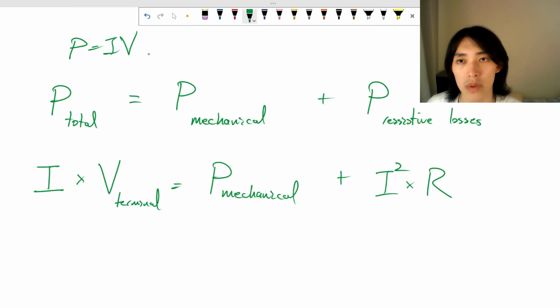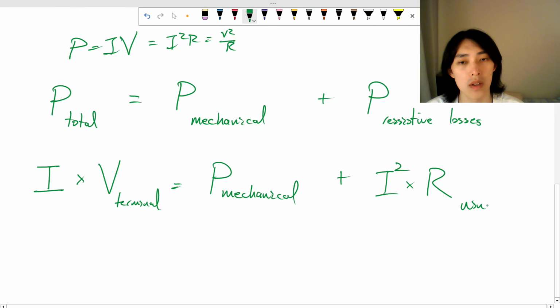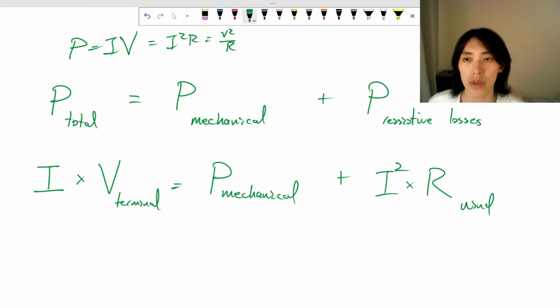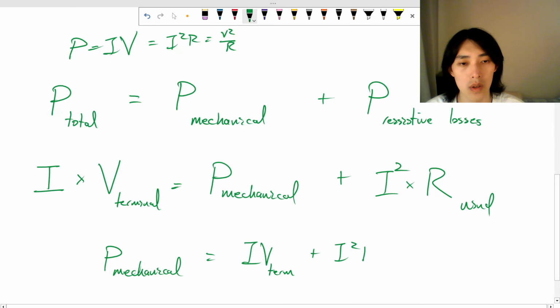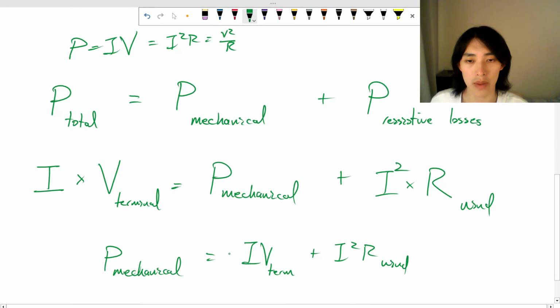If you recall, there are three formulas for power loss: IV, I squared R, and V squared over R. So then if we rearrange for mechanical power, oops, I can't do math. I think I'll do a minus sign there.